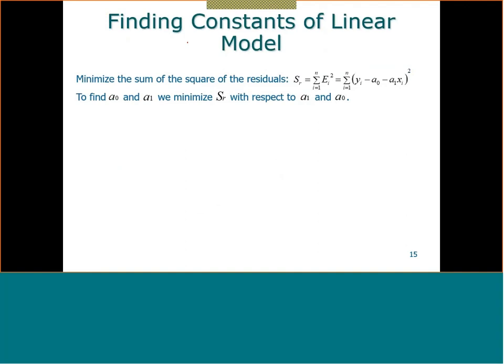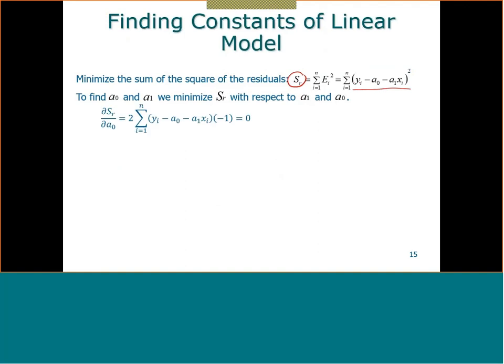So this is my error now. I want to do the partial derivative, as I said, with respect to a0. The derivation is in the notes, so there is no need to go through it in detail, but I will explain it to you.